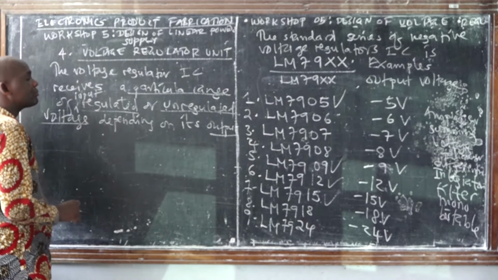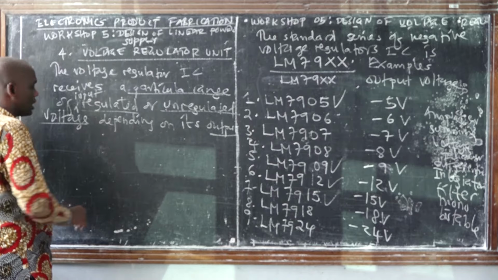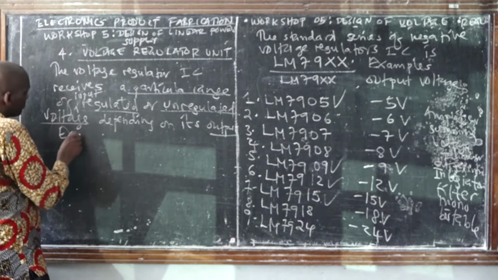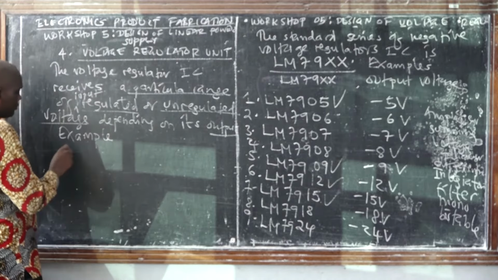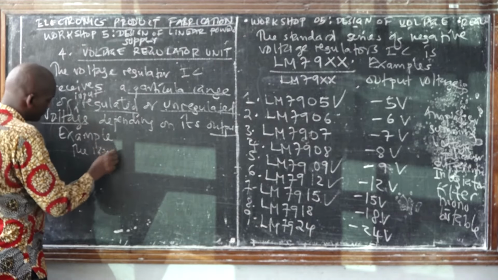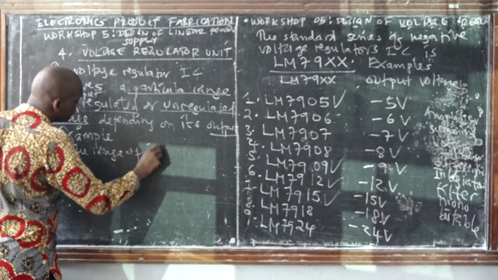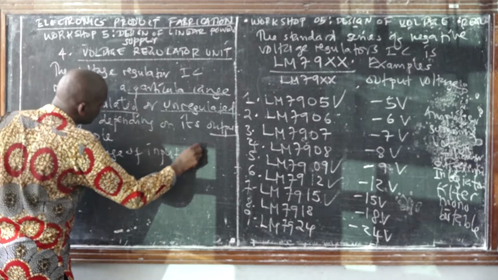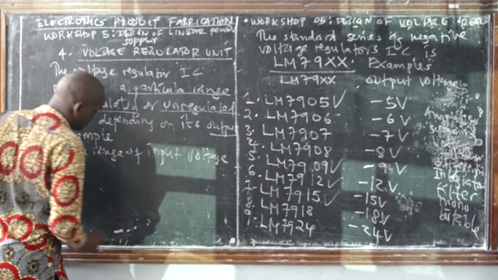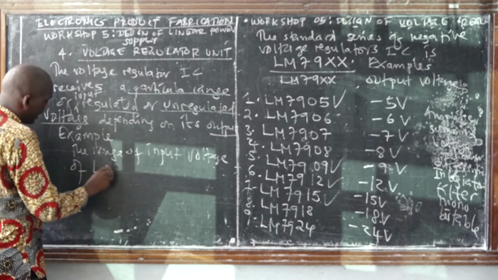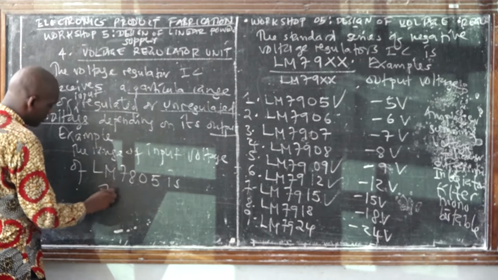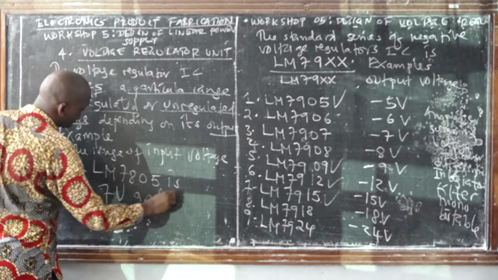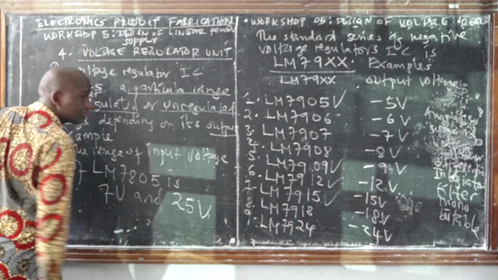Let me teach you this concept with an example. The range of input voltage of the LM7805 is 7 volts to 25 volts.